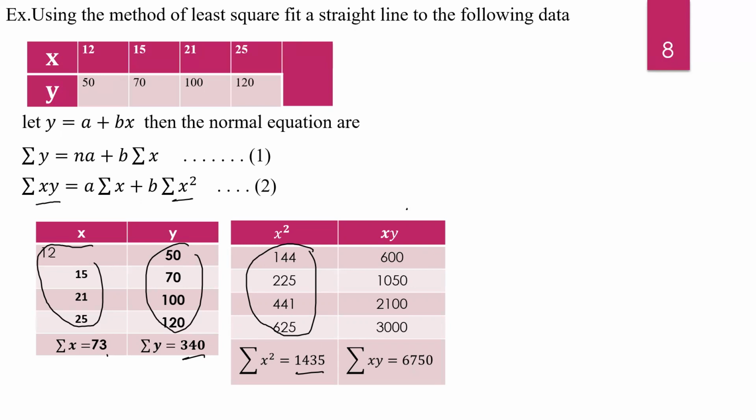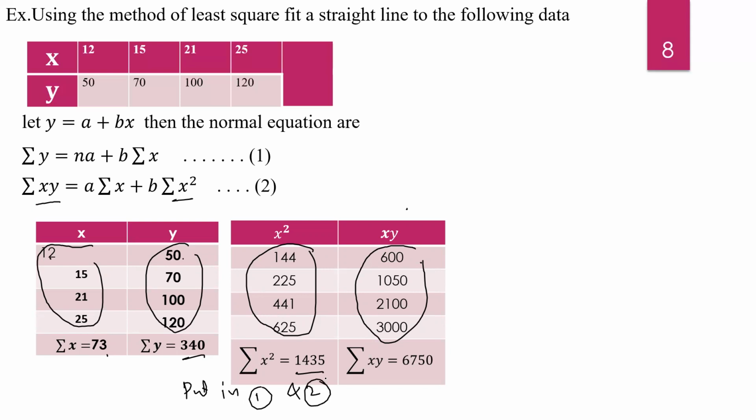X into y means 12 into 50, that is 600; 15 into 70. In this way, we calculate all the points and take the summation, we get 6,750. Now put these values in equations 1 and 2.